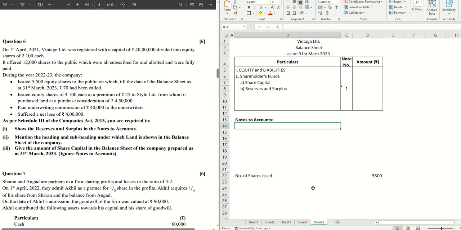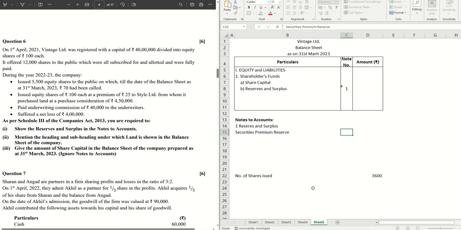If we come to our notes to accounts, now if you write the heading here, reserves and surplus, below that our first item will be securities premium reserve account. Securities premium reserve, and the amount will be 3600 into 25, which is the premium per share, rupees 90,000.